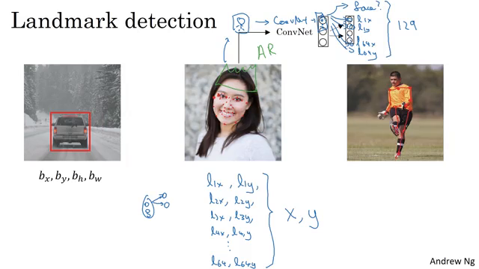And by having a neural network output all of those points that I'm annotating, you could also have the neural network output the pose of the person. And of course, to do that, you also need to specify these key landmarks, like maybe L1x and L1y is the midpoint of the chest, down to maybe L32x, L32y, if you use 32 coordinates to specify the pose of the person.